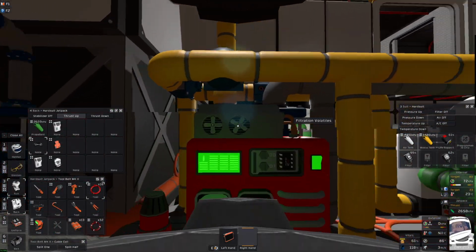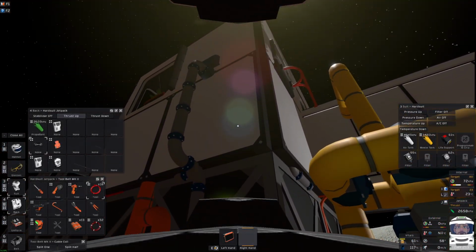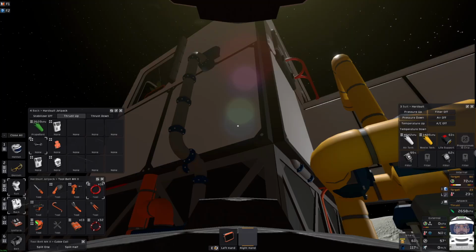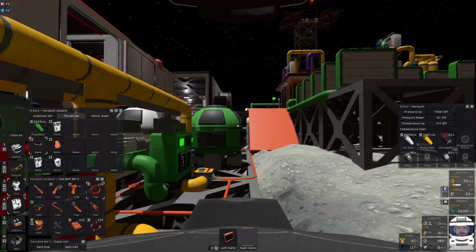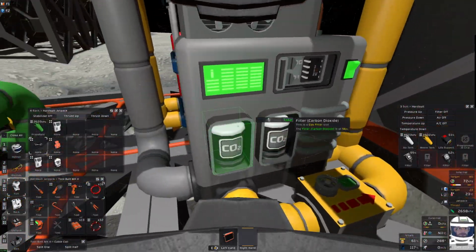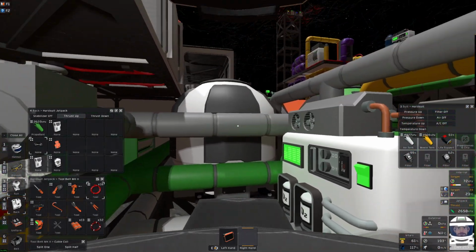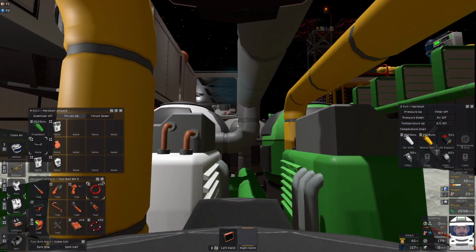Anyway, so volatiles are just vented. There's probably not going to be enough volatiles released in here to be worth capturing. Then CO2 is extracted, oxygen is extracted, put into the tanks.